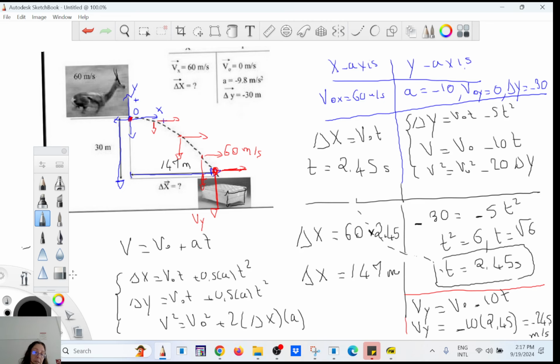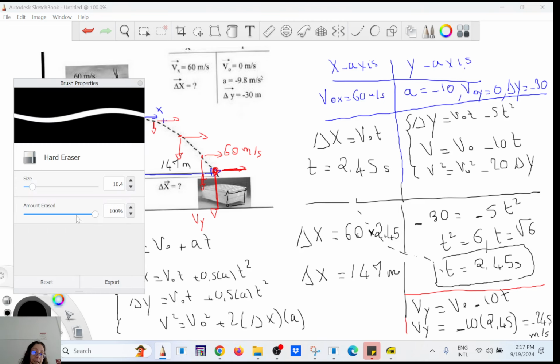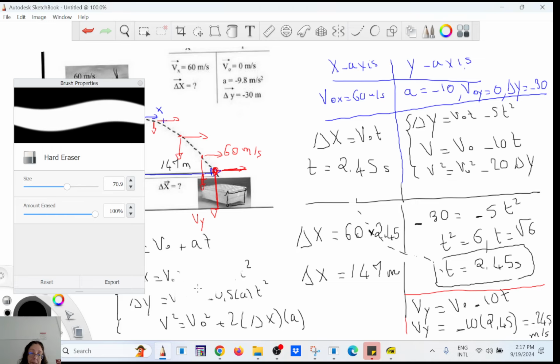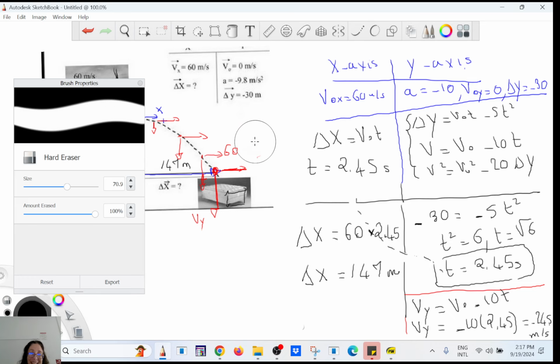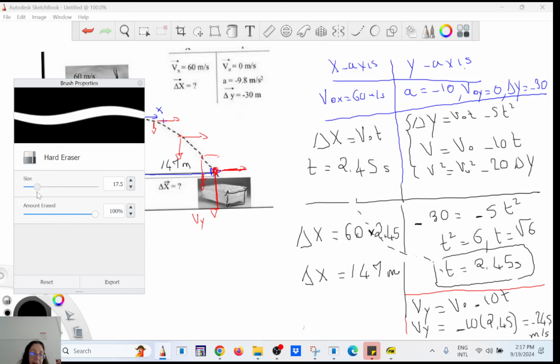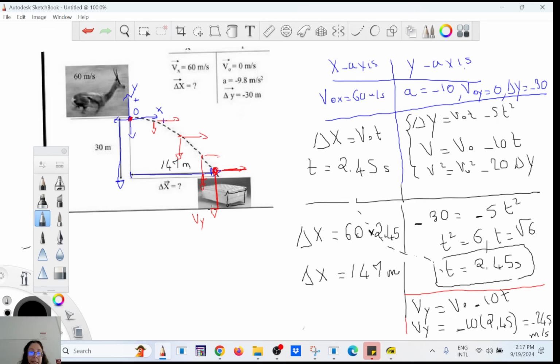So you see when it's just before it hits the ground, it has an x component.